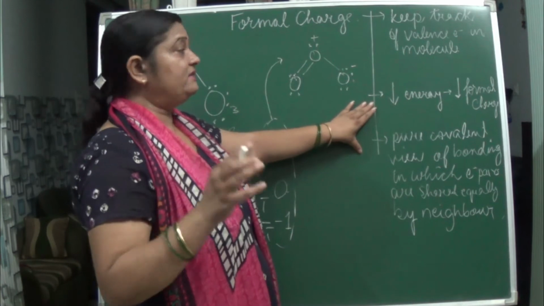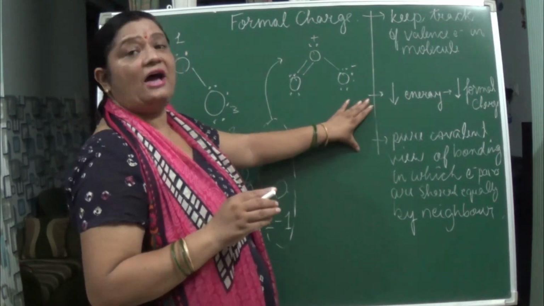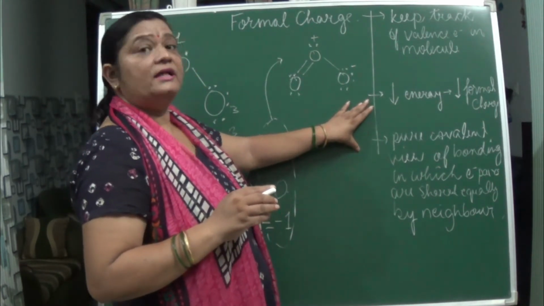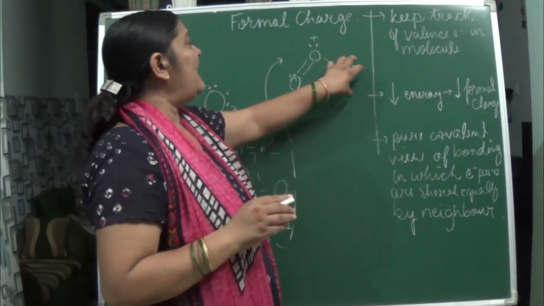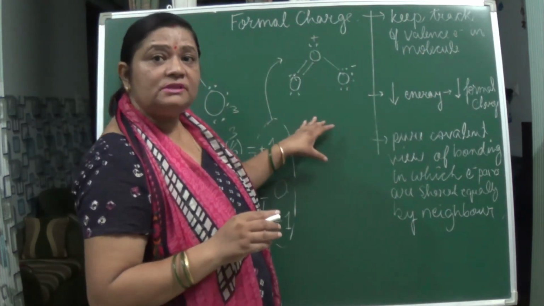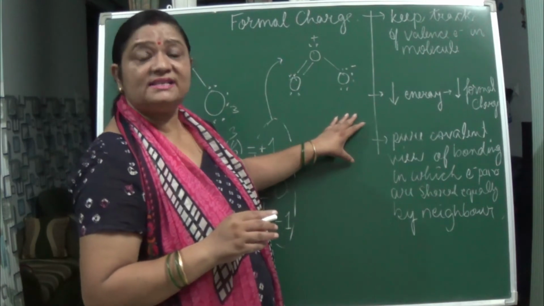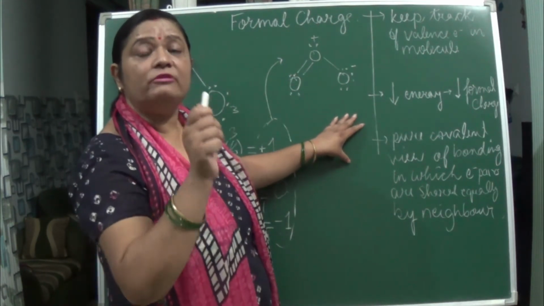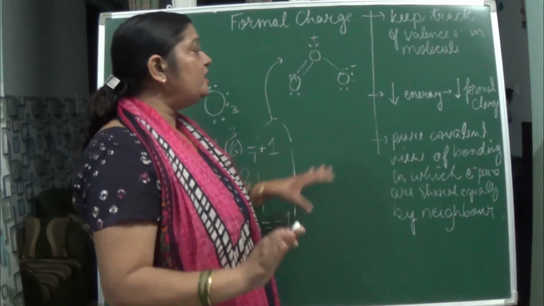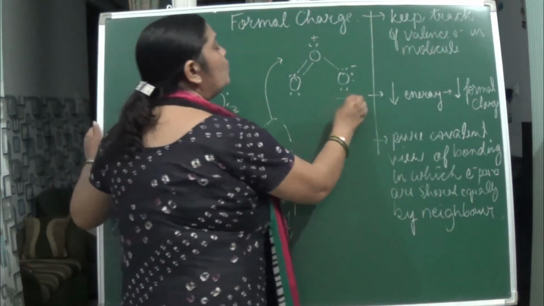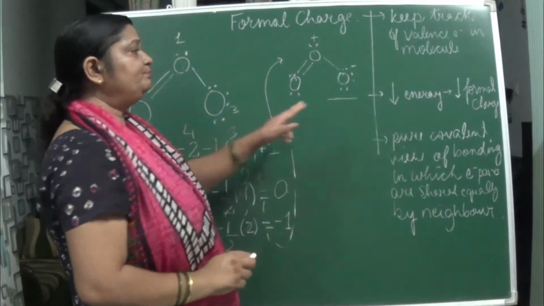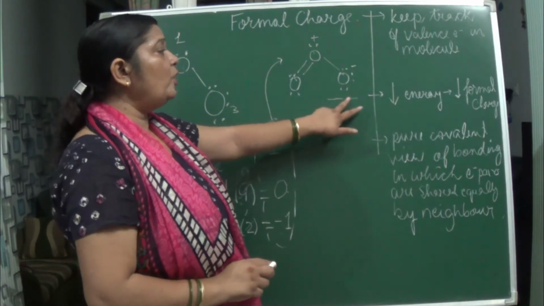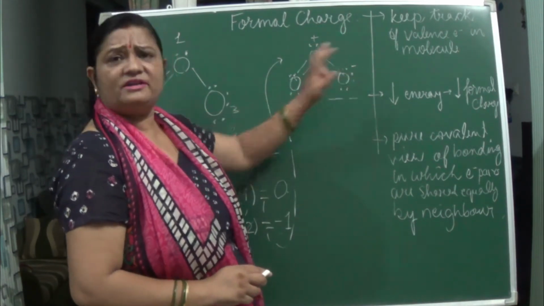It also tells which is having the lower energy. The atom which has the lowest formal charge will have the lowest energy and thereby it will be more stable. So here we can see which is more stable. This one, because it has the lowest formal charge, that is minus 1.